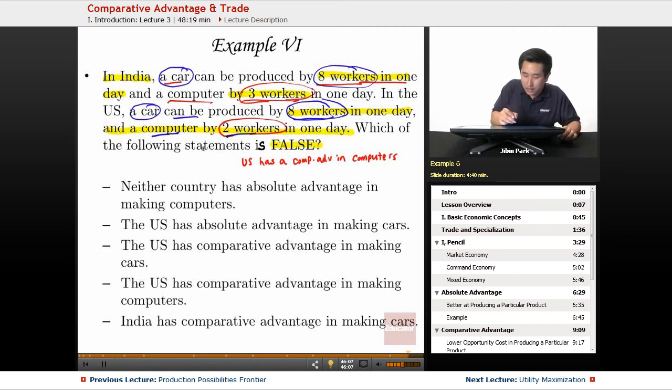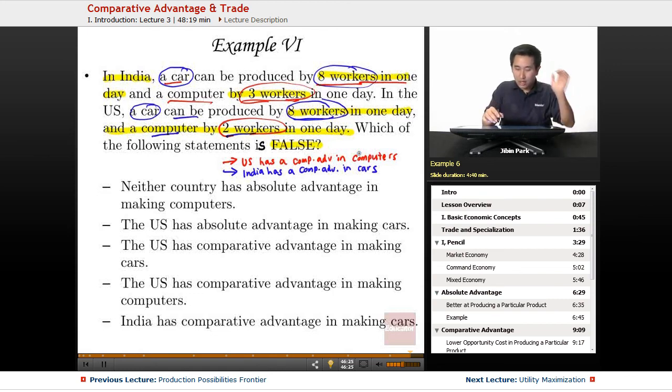If the US has comparative advantage in computers, then it stands to reason that India has a comparative advantage in cars. Okay, so let's find the 4 true statements and find the false one here.